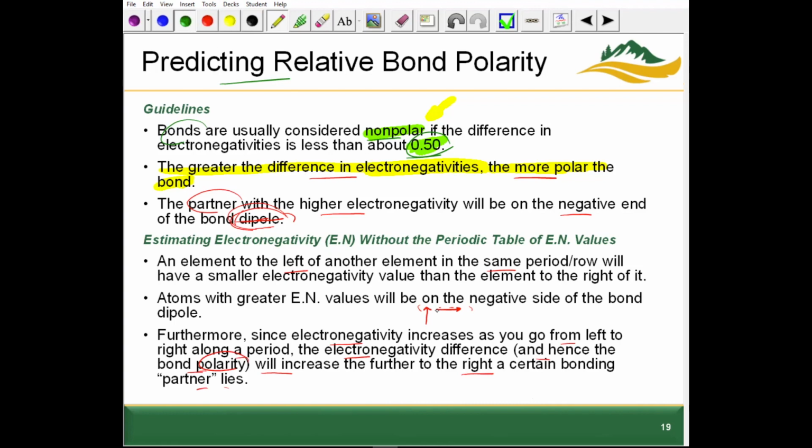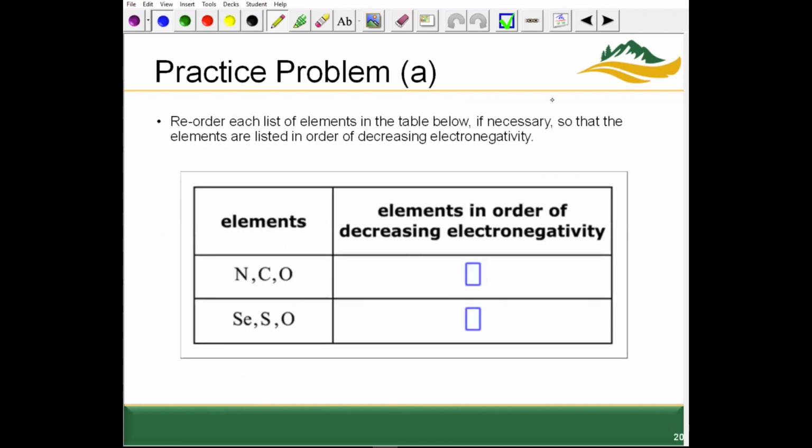So comparing an element here with an element here, that's a pretty large expected electronegativity difference compared to just comparing an element here versus here. So let's practice with this idea of electronegativity, and we're going to reorder each list of elements in this table if necessary so that the elements are listed in order of decreasing electronegativity.